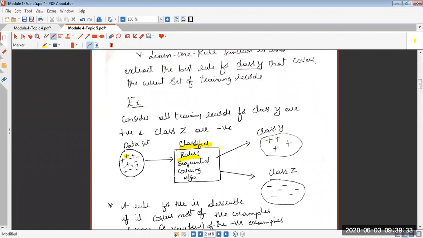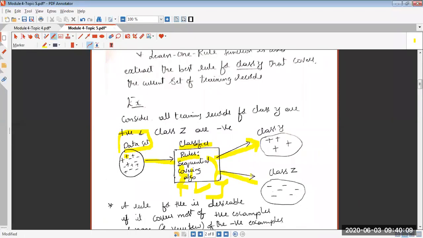Now, as already mentioned, what is a direct method? Direct method means the classifier will directly take the database or data set. You can see here, it is taking the data set and building rules out of it, the rules R1, R2, R3. These rules can distinguish a positive record from a negative record.